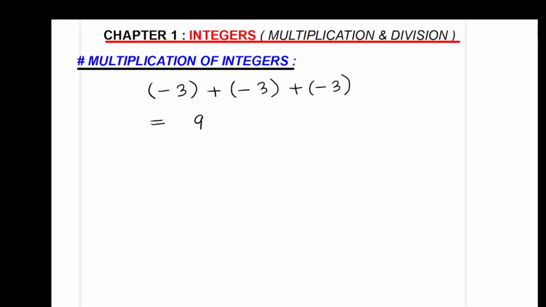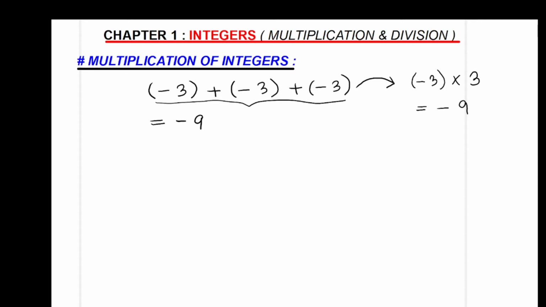But what is the common symbol in all three numbers? Minus. Now can you write this addition like this: minus 3 into 3? That means minus 3 is multiplied 3 times. So we will get the same answer, minus 9.